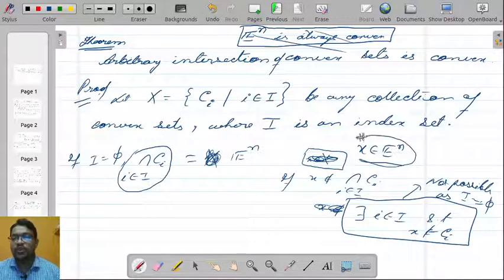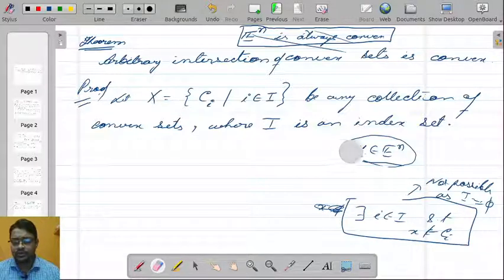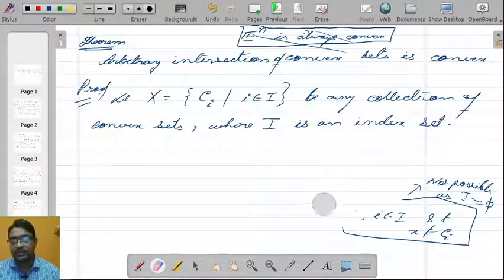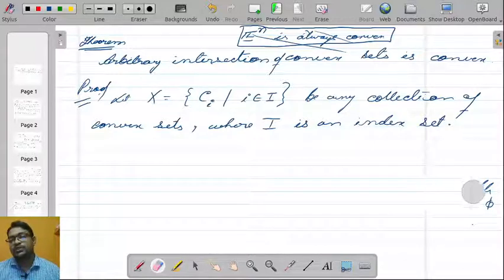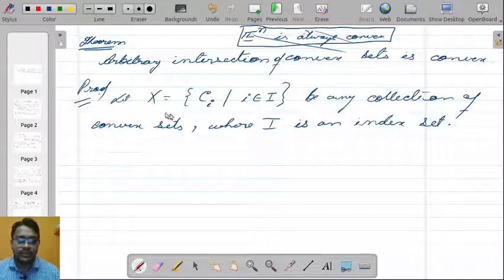That means every point of e to the power n belongs to the intersection. So the intersection of the empty collection is always the ground set, the universal set under consideration. Here the universal set is e to the power n.